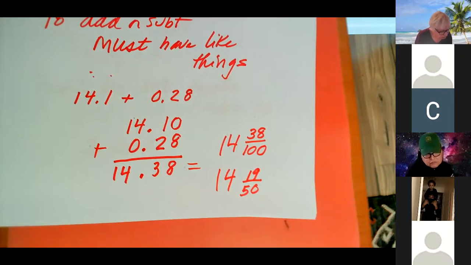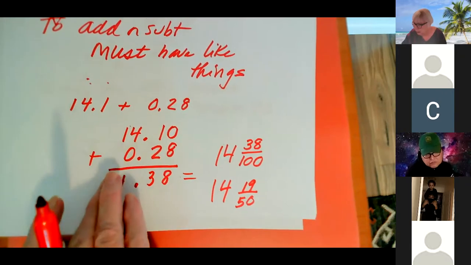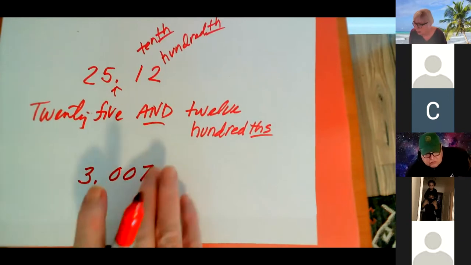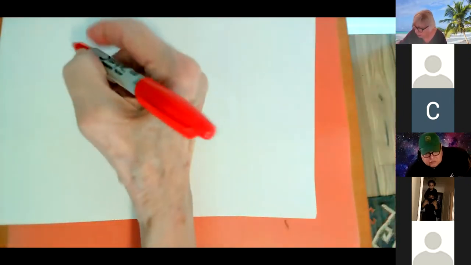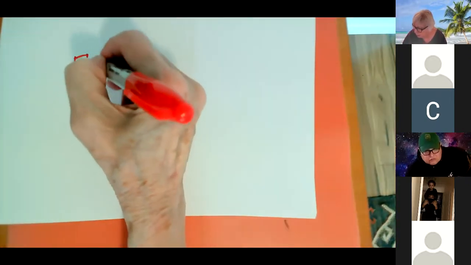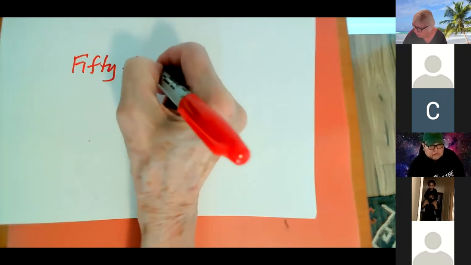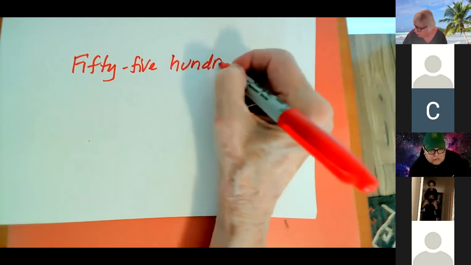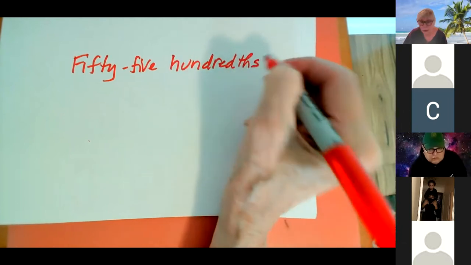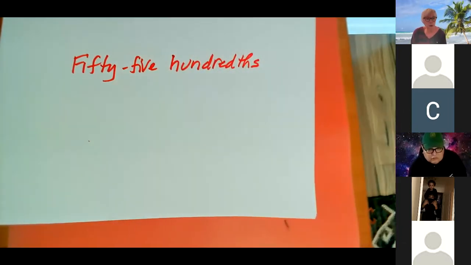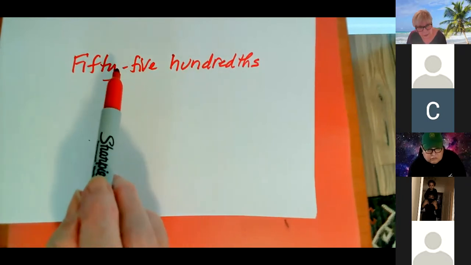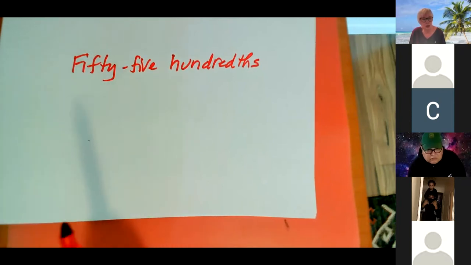Okay. Now, there we go. If they start with the problem in words, notice 55 is hyphenated like they've done in the past because it's a 2-digit number.